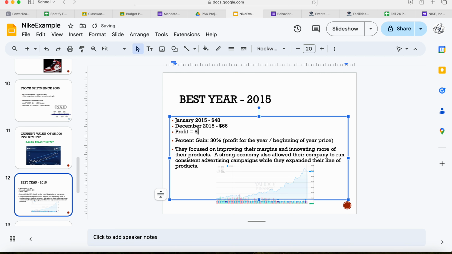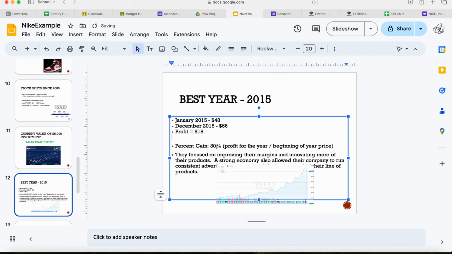My profit, if I invested at 48 and sold at 66, that'd be $18 in profit. And to calculate the percentage gain, I would do profit for the year, which is 18, divided by beginning of the year price, which is 48, equals, that's going to be a percentage, but I'm going to need a calculator for that.